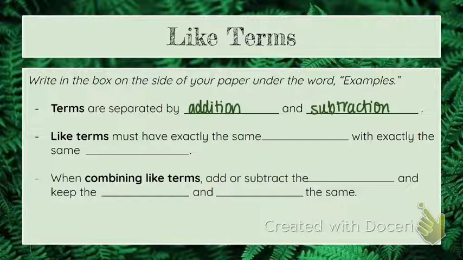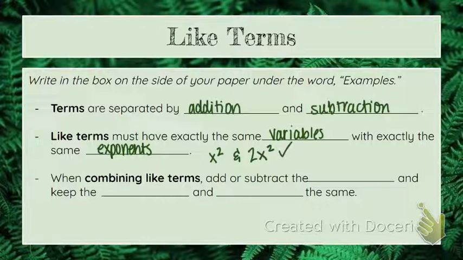And like terms must have exactly the same variables with exactly the same exponents. So x squared and 2x squared, those are like terms.